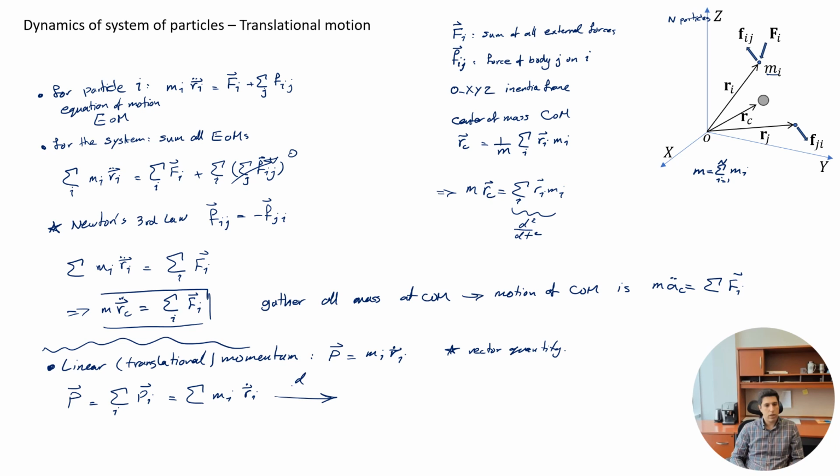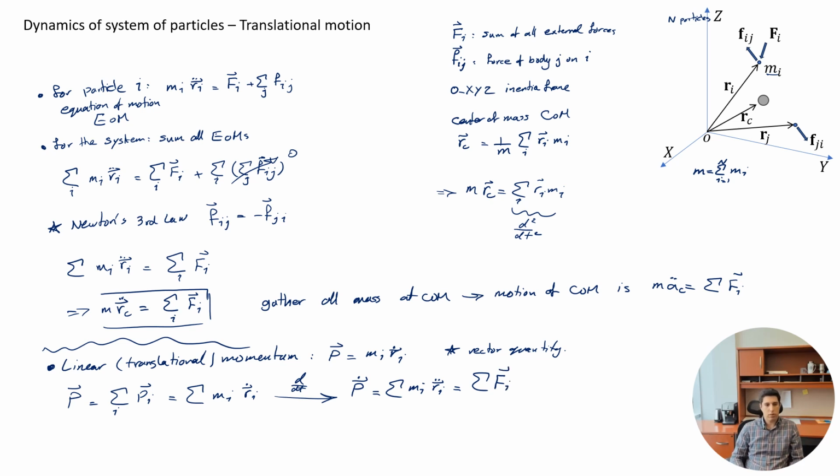Now taking a derivative of that, what I have is P dot, the rate of change of linear momentum of the entire system, equals the sum of mi r double dot i, which we found is the sum of Fi.